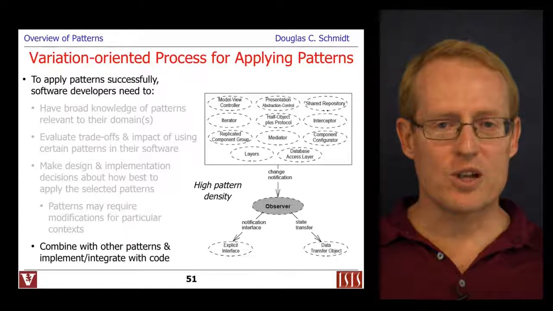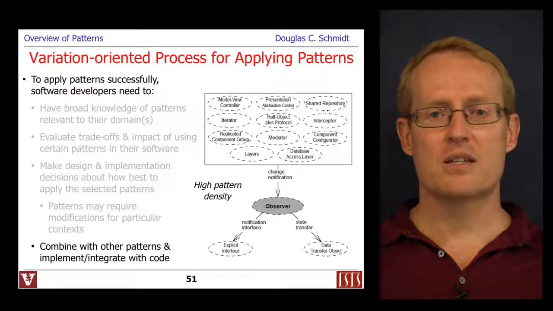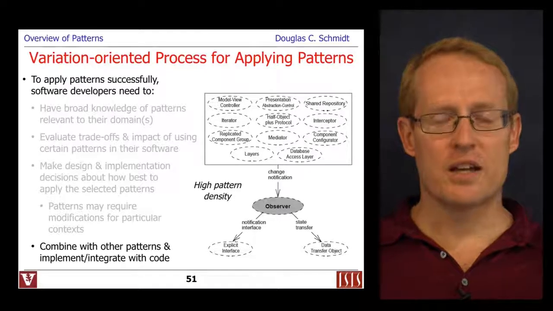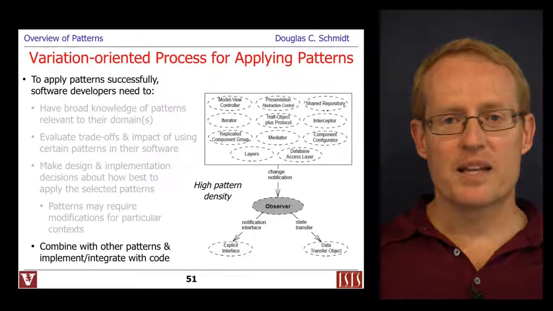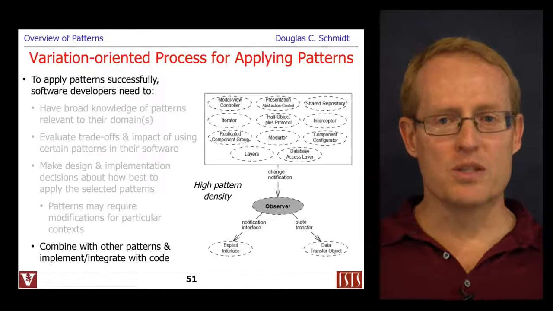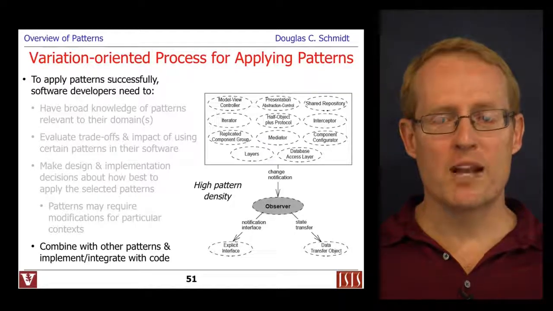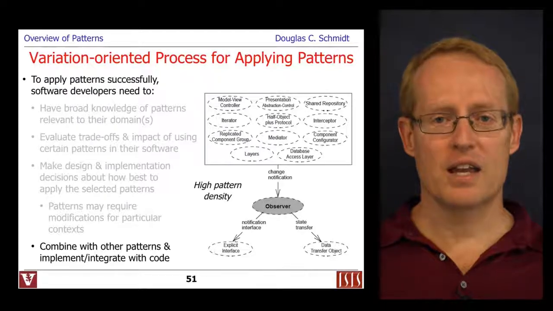And you'll see when we start talking later about pattern sequences and pattern languages that these patterns actually organize themselves in orderly ways that can give rise to solutions that are much more broad and much more pervasive than you could manage to do with just individual patterns in isolation.